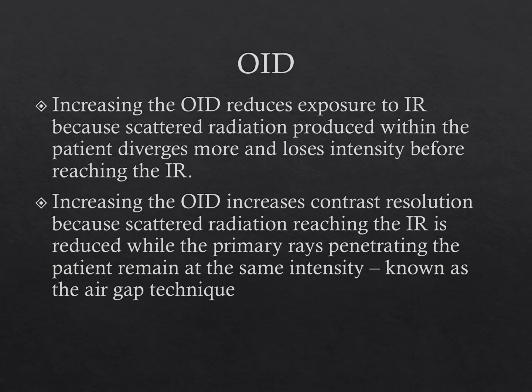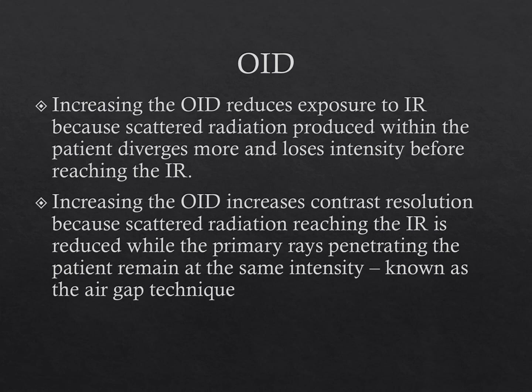So think about this. When I have an increased object to image receptor distance, and I have those scattered photons coming out of my patient's body, because of that distance and because of the angle that those photons are coming out, I have a higher probability that some of those are going to miss the IR altogether.